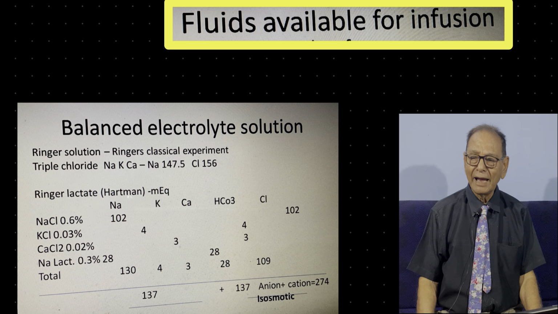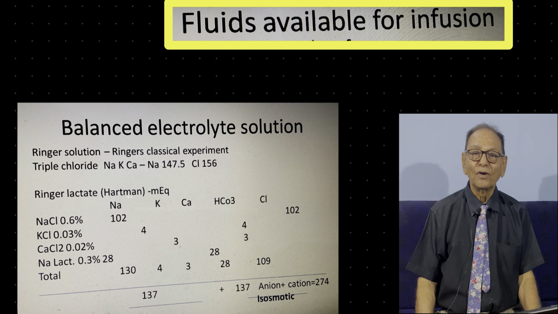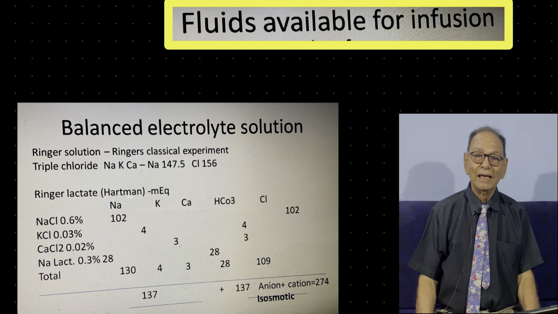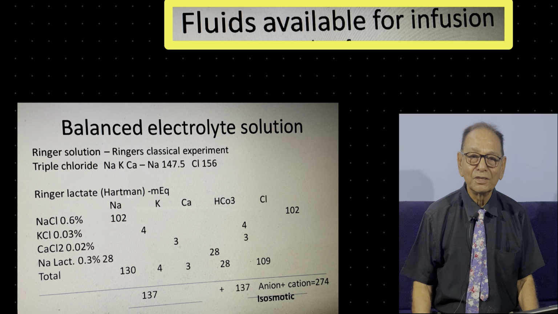He found that given only sodium chloride isotonic solution, the heart kept on beating for a very little time. Then he added some potassium to it. Then it continued for a much longer time. This time the heart stopped in a state of diastole, and he called it potassium inhibition.